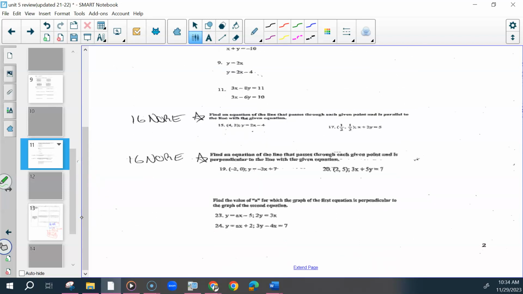This is just like the problem you just did. Looking for something that's perpendicular. What would the new slope be? 1/3. It is a little hard to see. This is y equals -3x plus 7. Use your point slope formula. y minus 0 equals 1/3 times x plus 2.